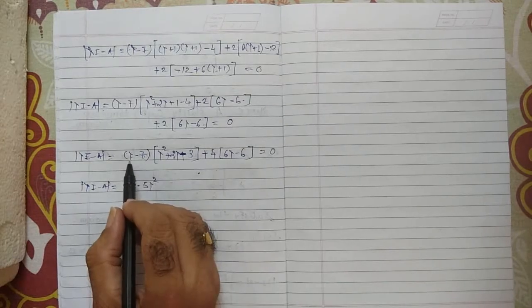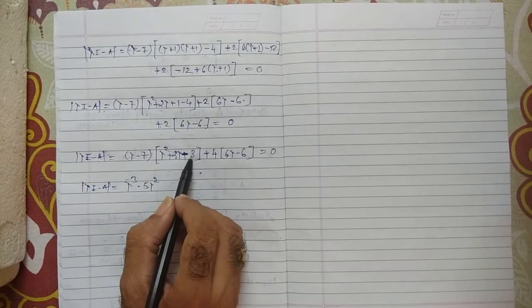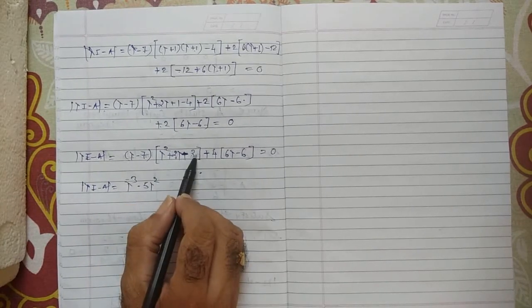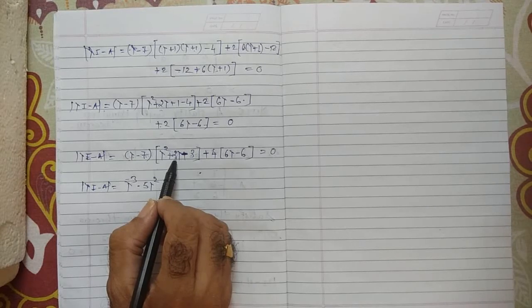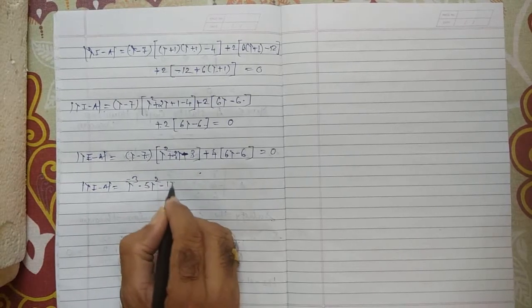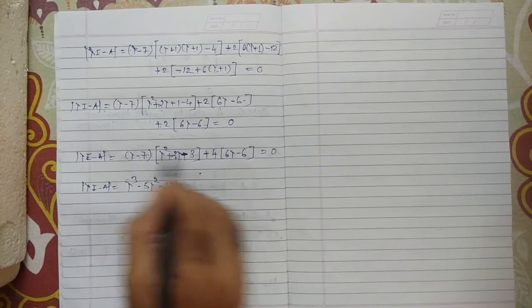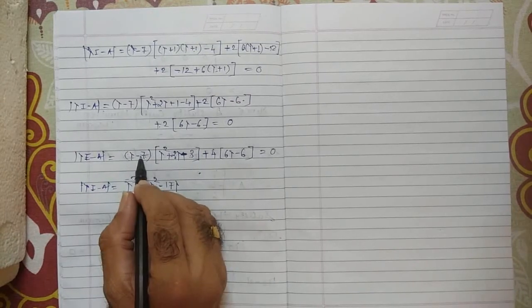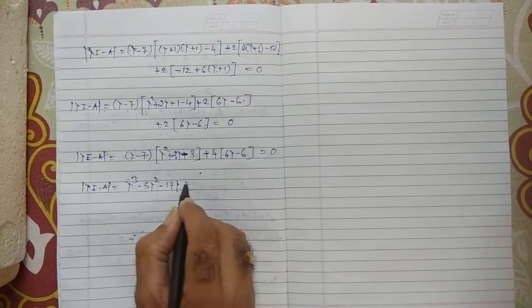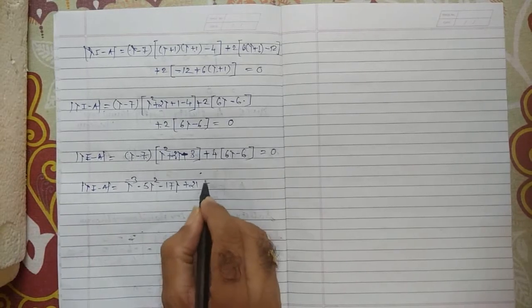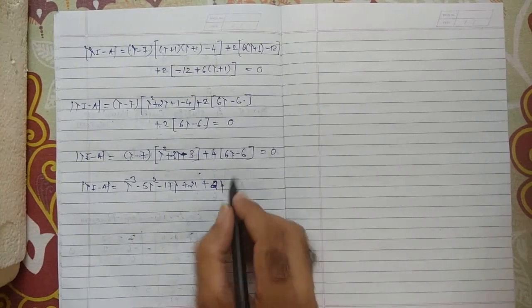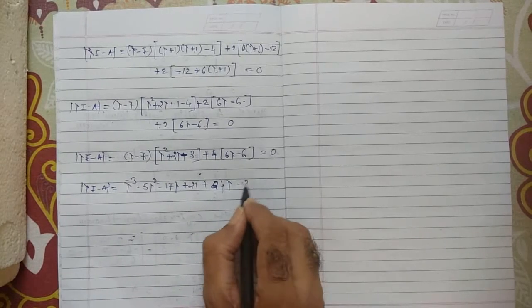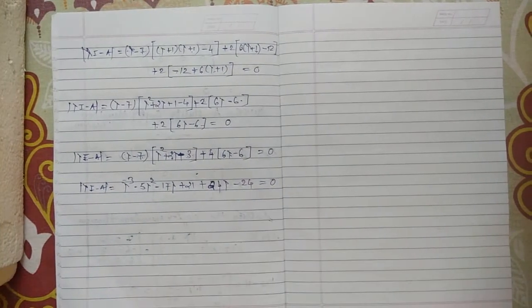Then this is 3 lambda, and here it is minus 14 lambda, so that means minus 11 lambda. Then minus 3 times minus 7 becomes plus 21, plus 6 into 4, that is 24 lambda minus 24, equal to 0.